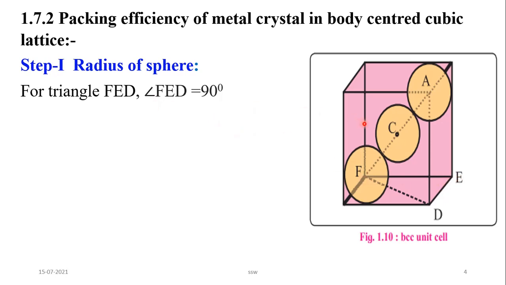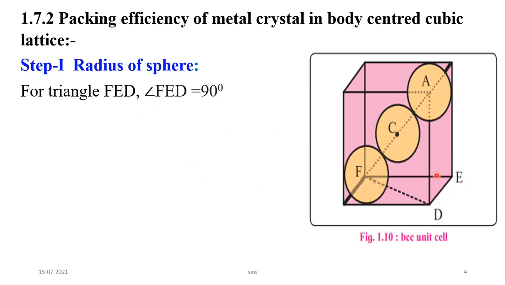Because you know that in the cubic system, the angle between the different edges is 90 degrees. Here these are 2 edges of this cube, and the angle between these 2 edges, FE and ED, is 90 degrees.